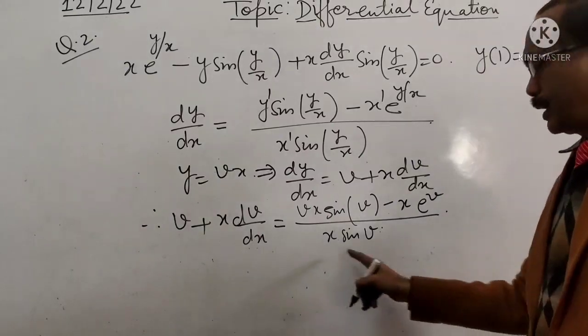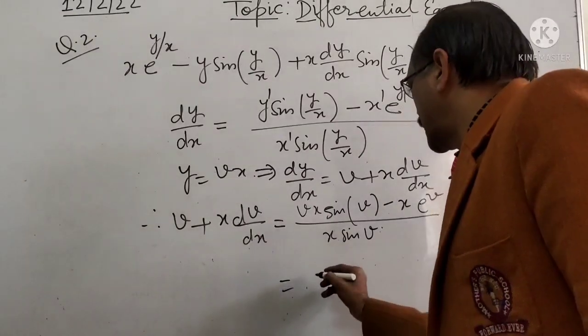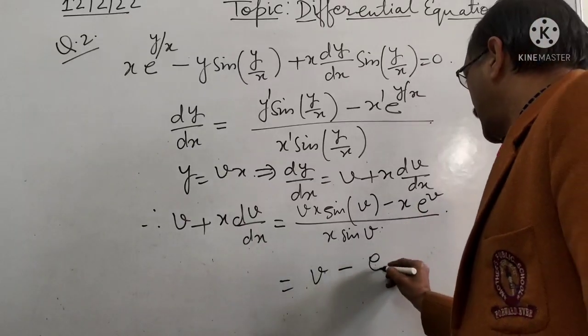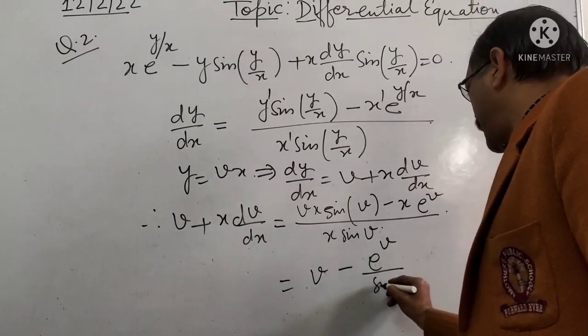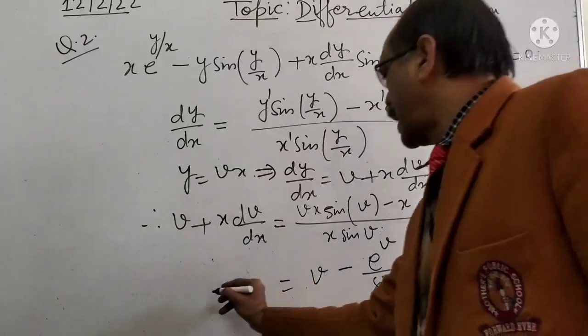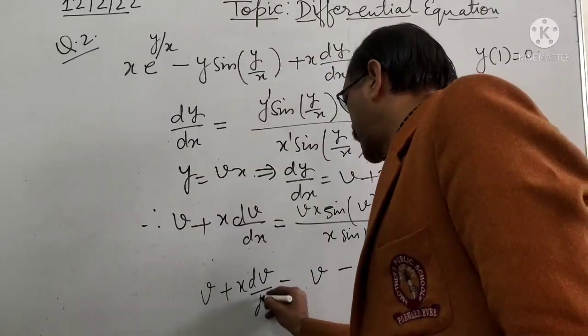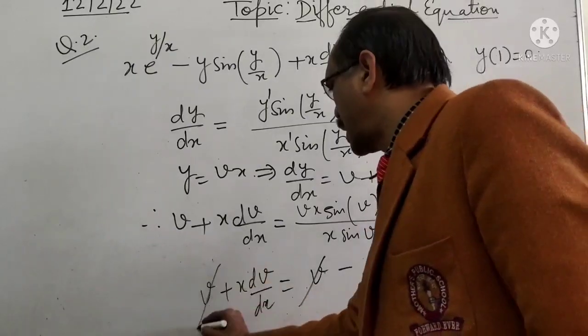Now we will separate the terms. So it is simple: v minus x cancel, e power v upon sin. This side, v plus x dv over dx. Dear student, here v cancels out.